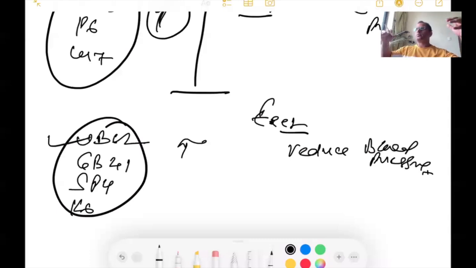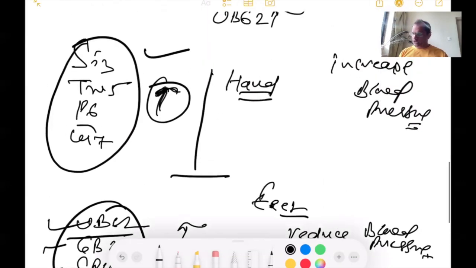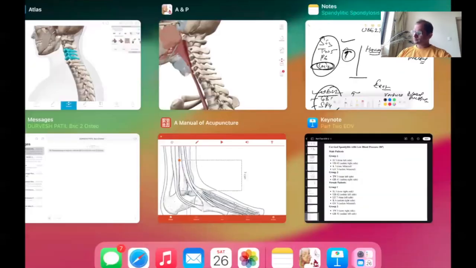If someone has excessive chi in the head region, in the brain region, like epileptic fits, stroke, something very excessive, we will work on UB62. In the same way, all the points on the lower side will reduce the blood pressure. Sometimes this formula is not applicable to lung 7, we will see that.